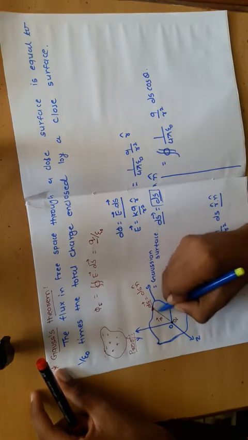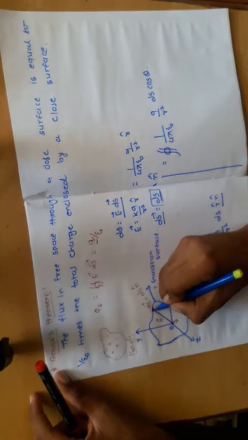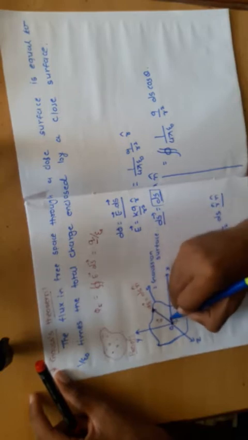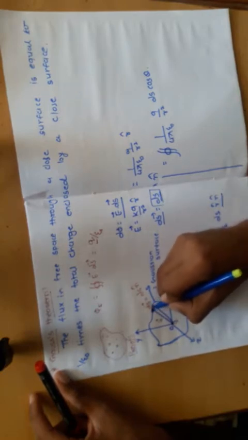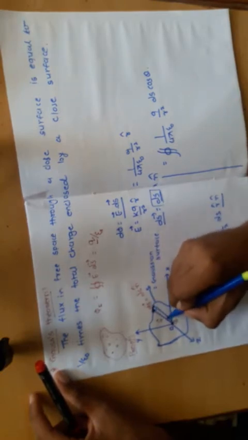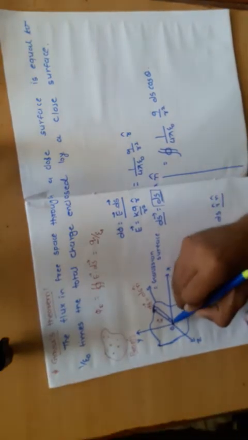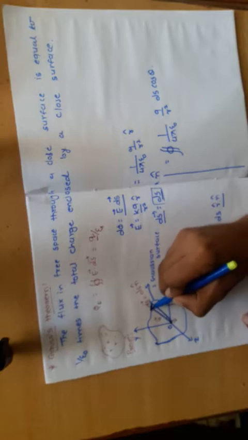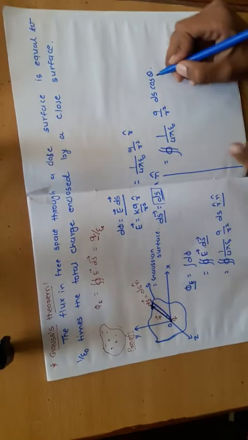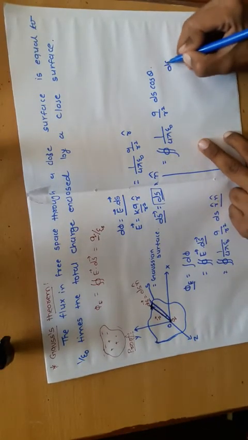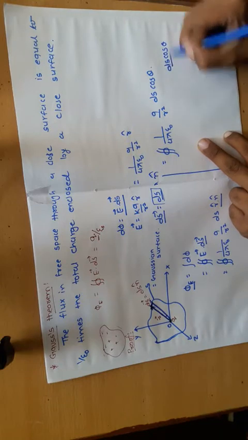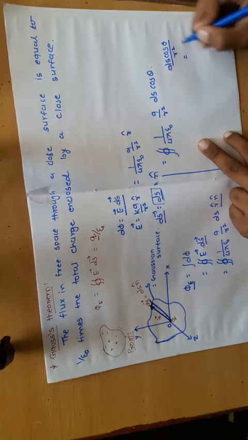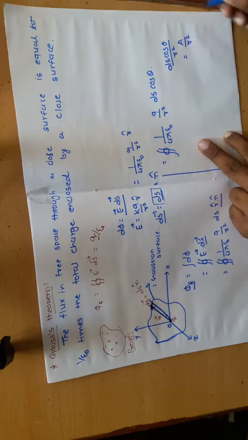Here this is the vector r, and for ds we can consider one cone, and these electric field lines are the sides of this cone. So here ds cos theta upon r square, that is the area upon r square, is nothing but the solid angle.